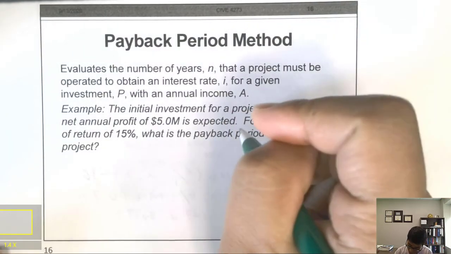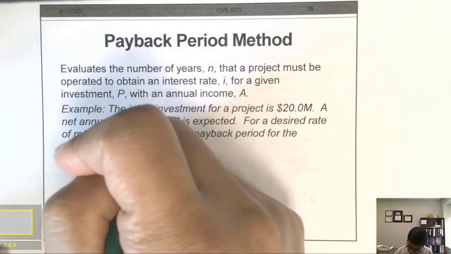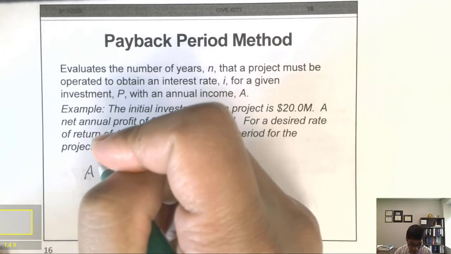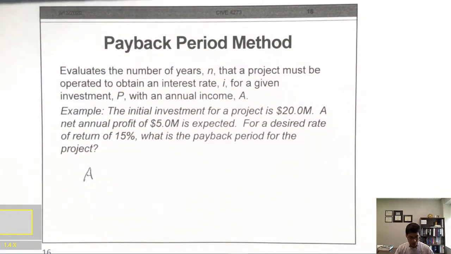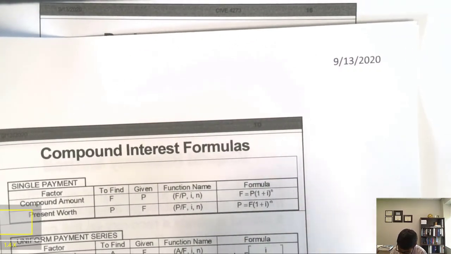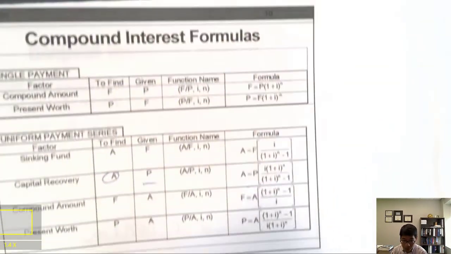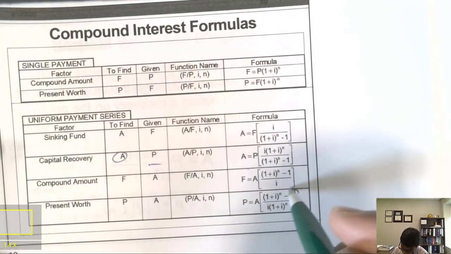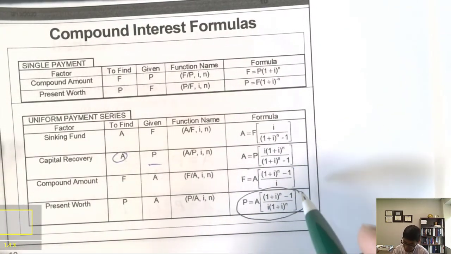Given A to find our P, the present worth, this is the equation I'm going to use, which is right over here.